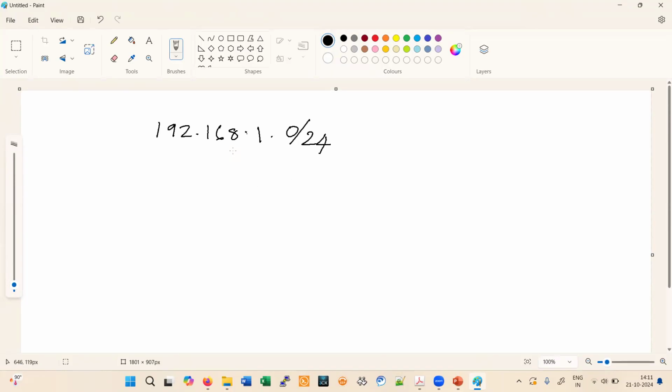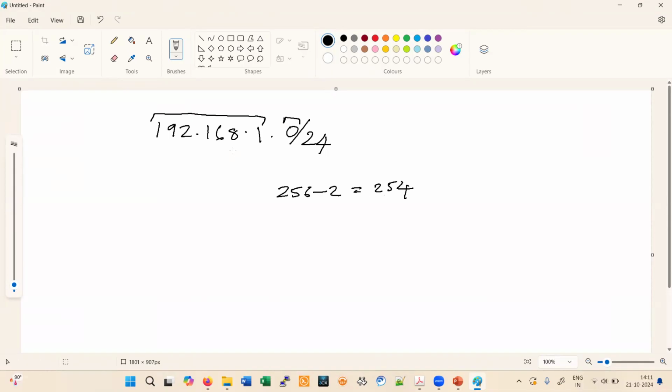By default, this part we already discussed in the last video. This is the network part and this is the host part. We have one network by default and we will be getting 256 minus 2, 254 valid IPs.